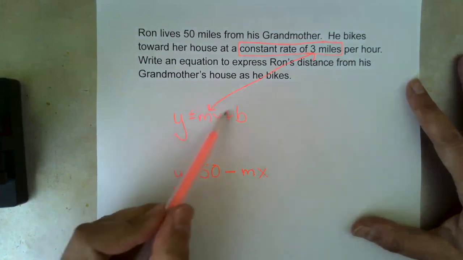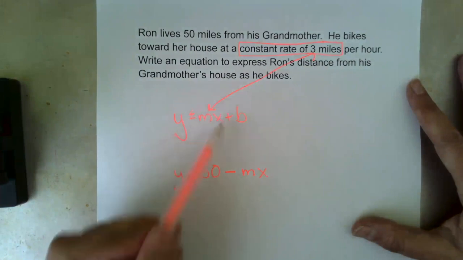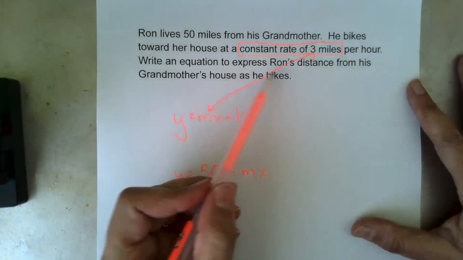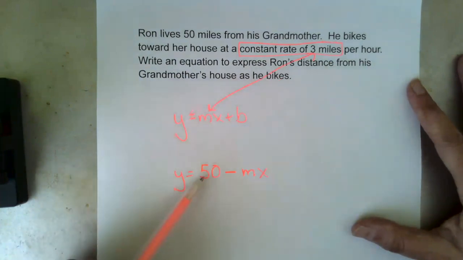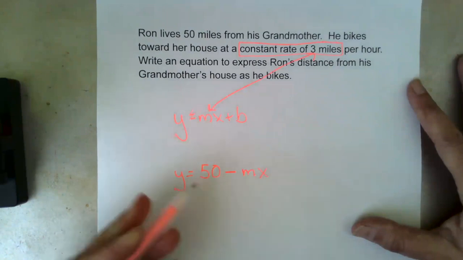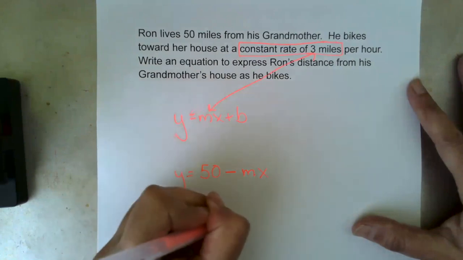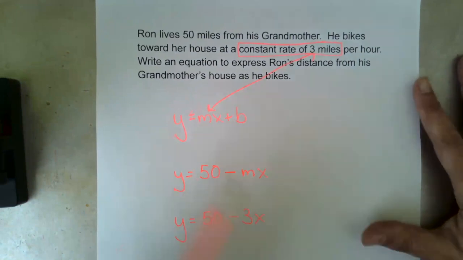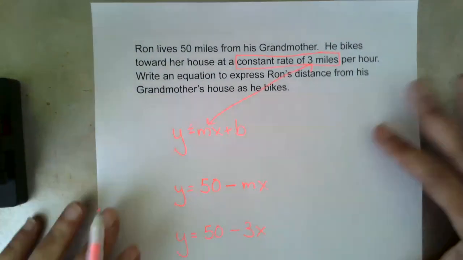So we know that he is traveling at 3 miles per hour, 3 times some x. But to write the equation to express how far he is from grandma's house, we need grandma's house minus the amount he has traveled. So y equals 50 minus 3x. And again, that's because of the wording of the problem.